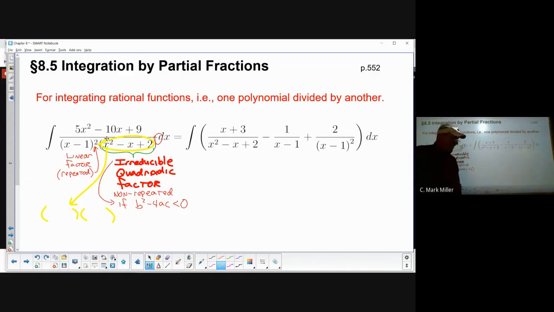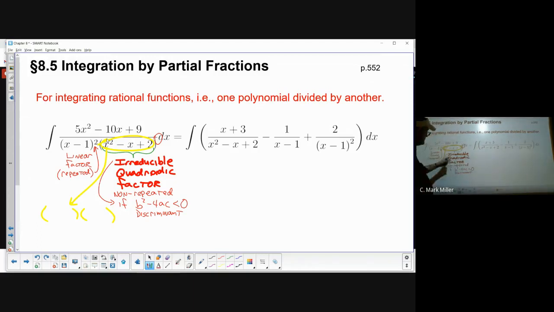You can only do that if the discriminant, this is the discriminant, is greater than or equal to 0. So know the difference between a reducible and irreducible quadratic.